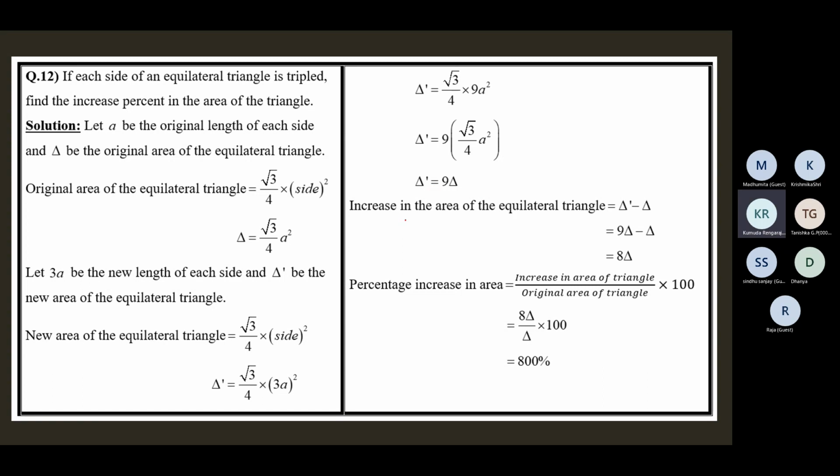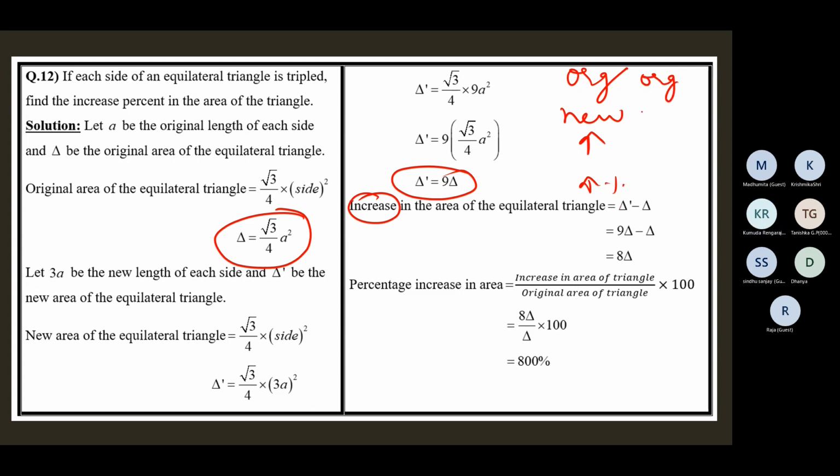So what's the increase? After finding the original area and the new area, you must find the increase in area. This is the order: find the original area, find the new area, find the increase in area, find the increase percent.